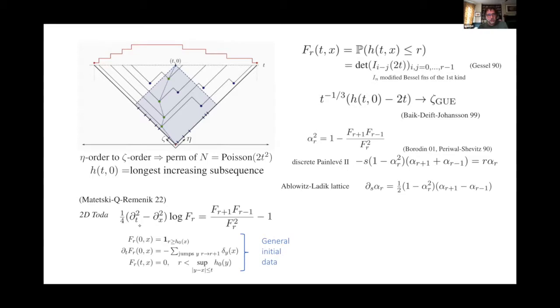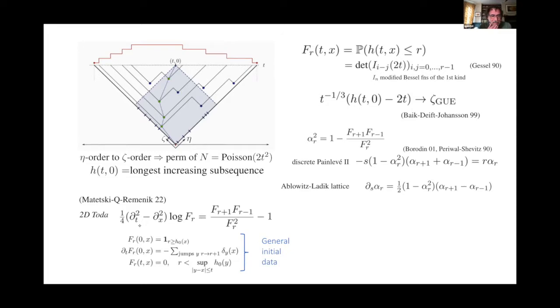So the statement is, for any initial data of P and G, the 1-point distributions F_R satisfy the 2D Toda equation, which I've written here, with appropriate boundary conditions.